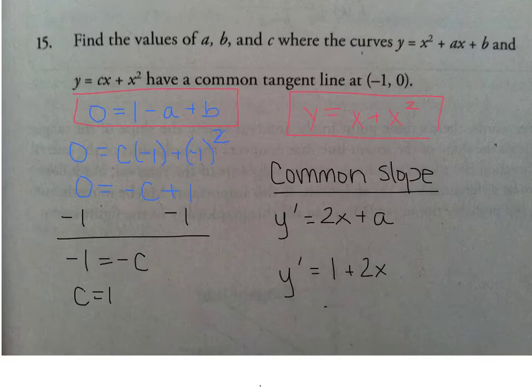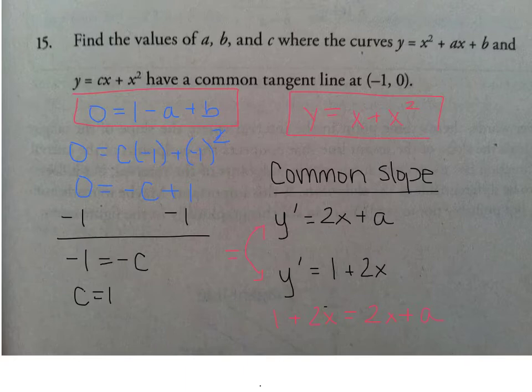These two y primes from our two equations have to be equal to one another in order for these two tangent lines to have the exact same slope and the exact same value. So we're going to set them equal. So we have 1 plus 2x equals 2x plus a.